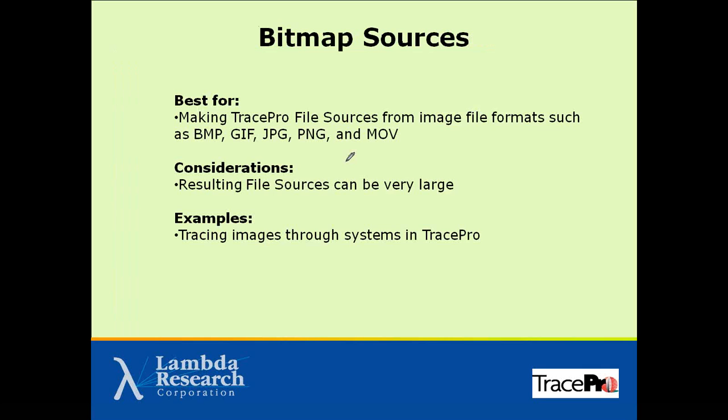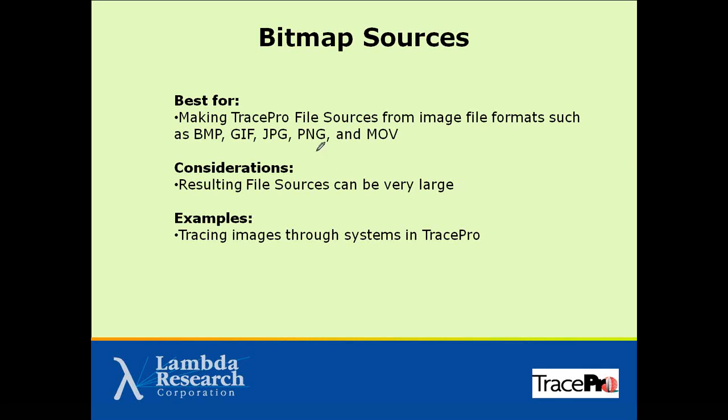Last source type we have is bitmap sources. Bitmap sources let you make file sources from image files such as bitmaps, GIFs, JPEGs, movies, and you can use those in TracePro. We have a bitmap source utility that converts an image file to a TracePro ray file or file source.